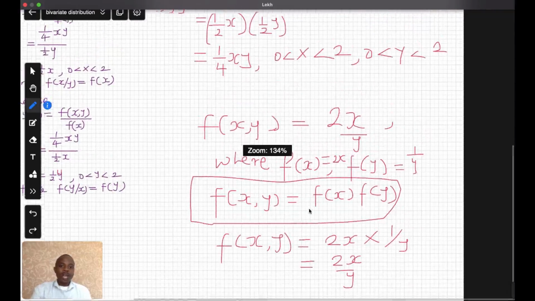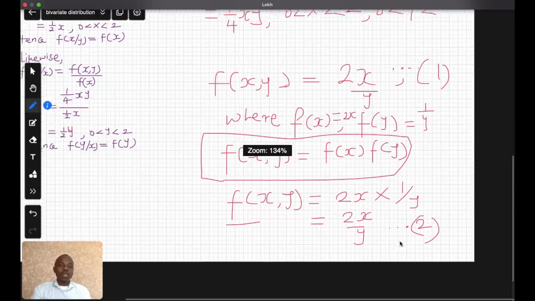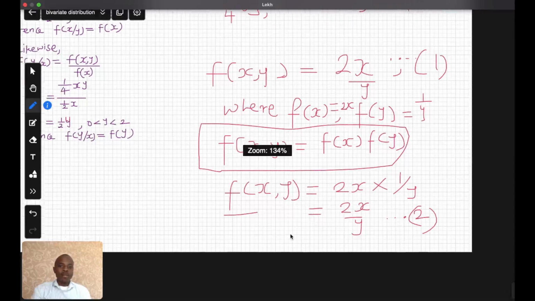You need to. All right. Now, if at the end of the day, what you have obtained is equal to, you may label this, for instance, equation 1. So you say f of x, y, maybe you label this equation 2, in 1 equal to f of x, y in 2. So if you write that way, you say, therefore, x and y are independent.